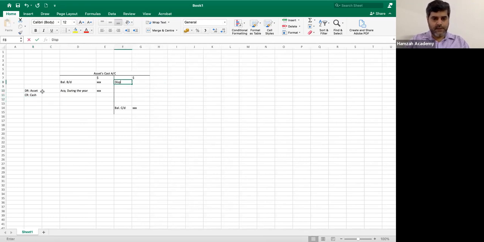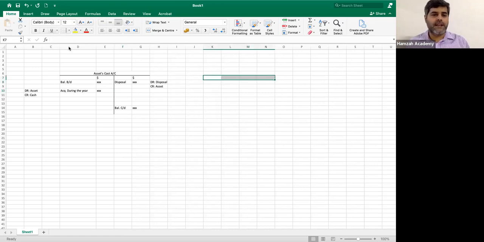If we sell the non-current asset during the year, it's going to be called disposal, and the double entry for this is disposal debit, and we have to credit the asset. Now, this is the account which is going to be made according to the knowledge we have gained so far, about the assets, about the cost, about the initial measurement, about the subsequent measurement according to the cost model.